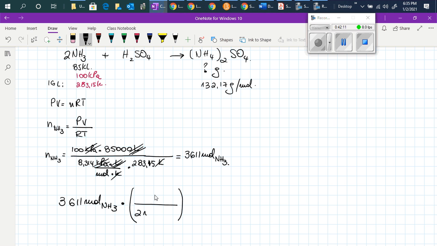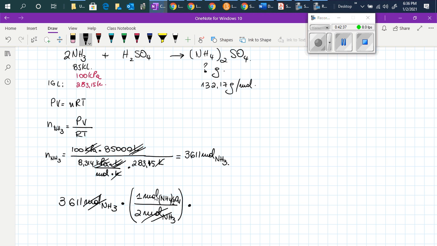So 2 moles of NH3 is used to produce 1 mole of ammonium sulfate, (NH4)2SO4. So moles and moles are cancelled.